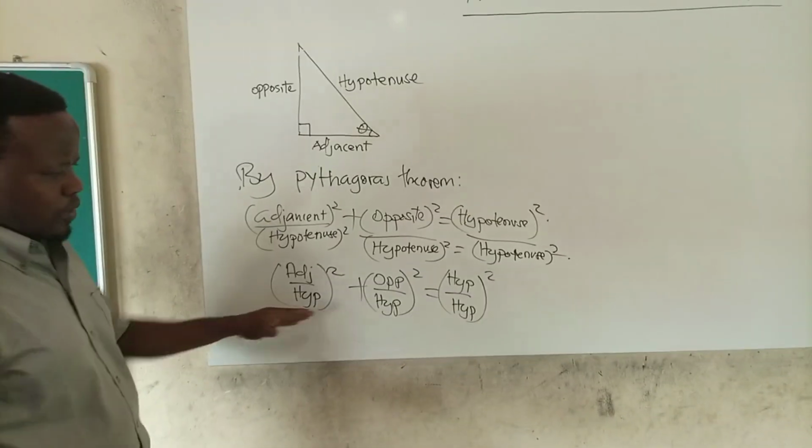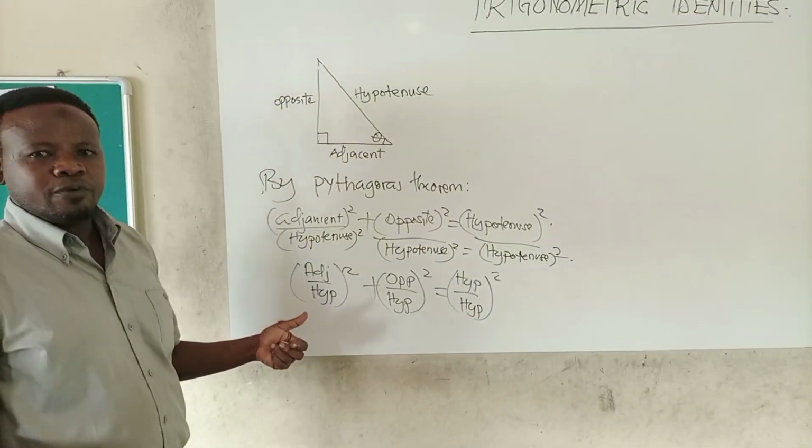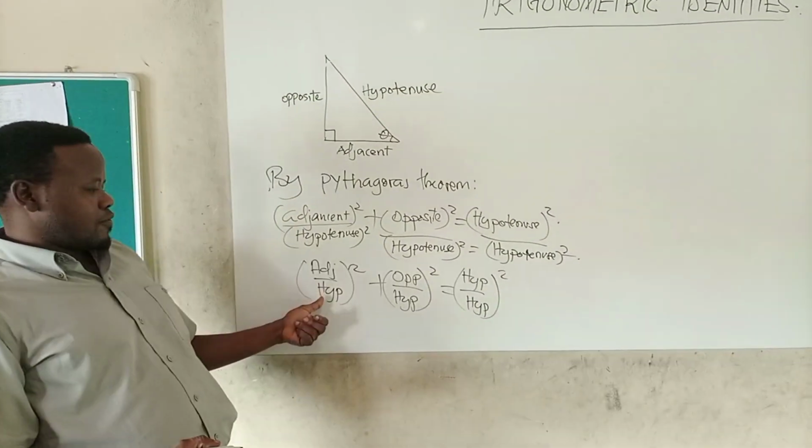So when we reach here, we find adjacent over hypotenuse.